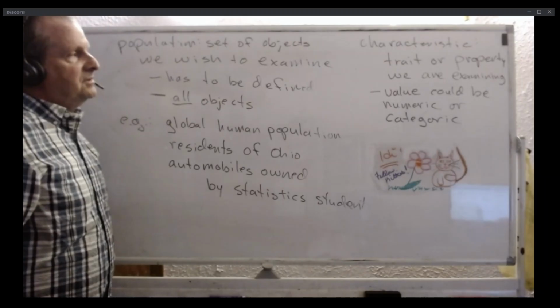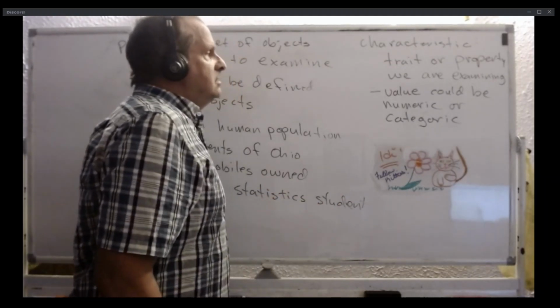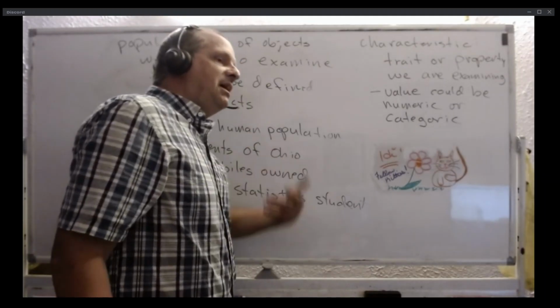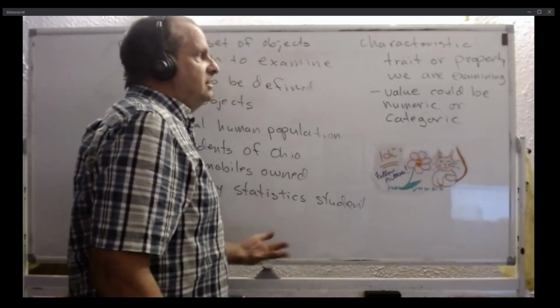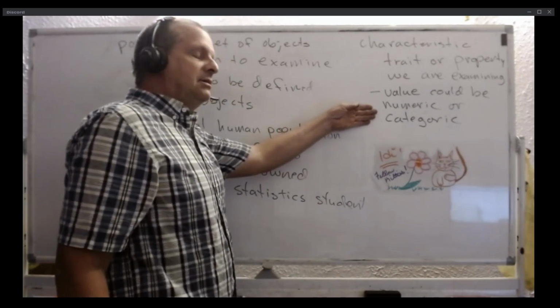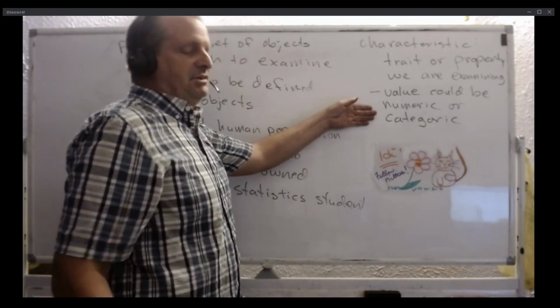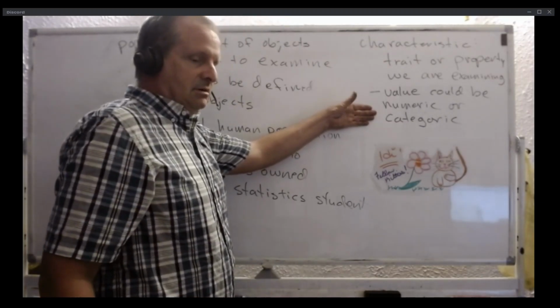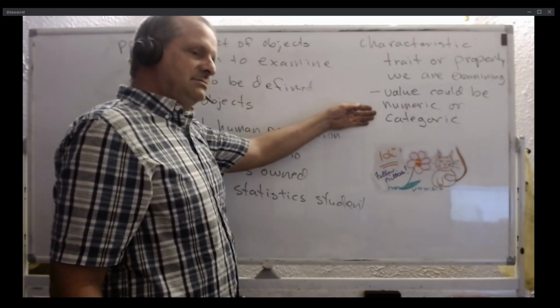If I roll a die, is the characteristic that results really the only characteristic that really matters? Is it numeric or categoric? If I roll a die, 6-sided die, for example. Sure.